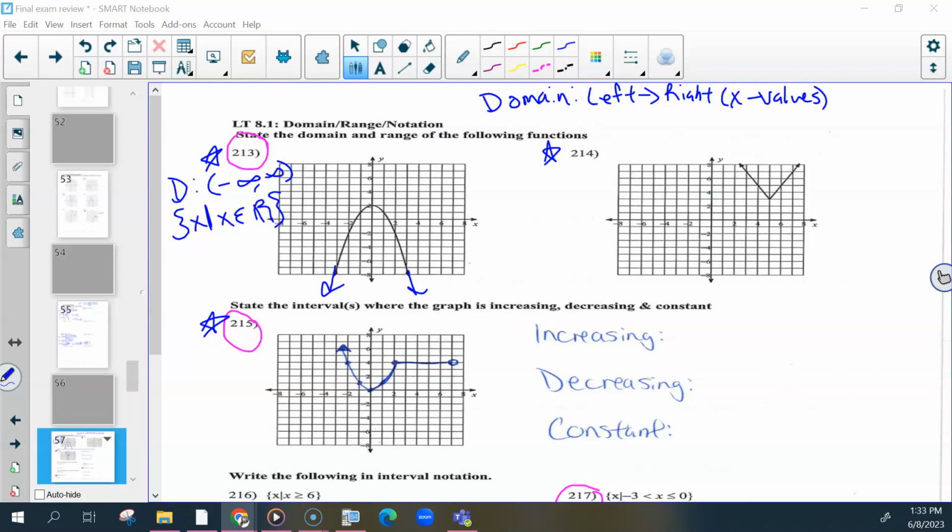The range, we're looking lowest to highest. This would be negative infinity, where it starts when you write this.